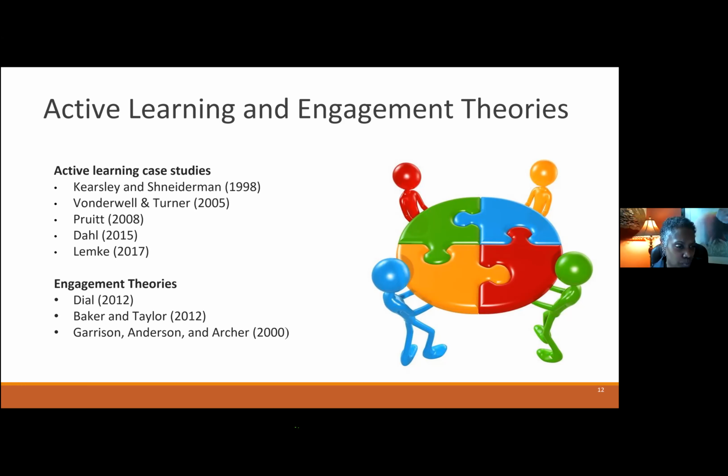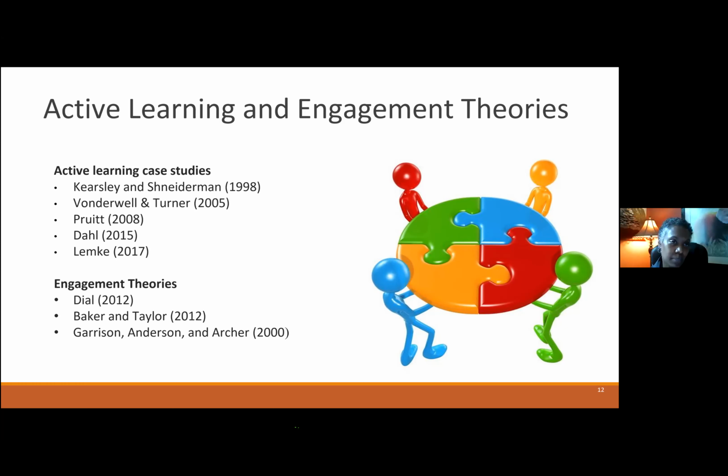The finding of Pruitt's research indicates in part that students are more directly influenced by an instructor's intentional effort to mediate the learning process. In 2015, Dahl noted that active learning improves student engagement and improves the learning experience. And in 2017, Lemkin suggested that active learning requires authentic, deliberate, and intentional design of course materials and learning activities.